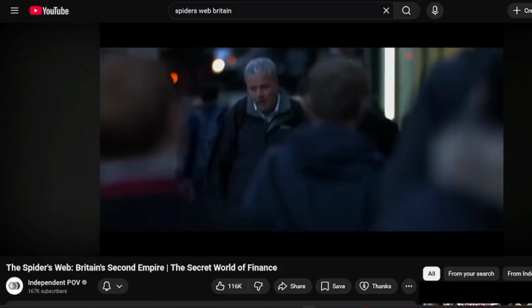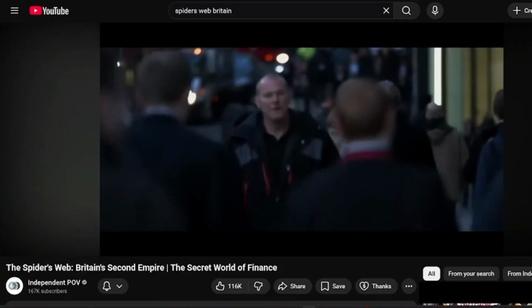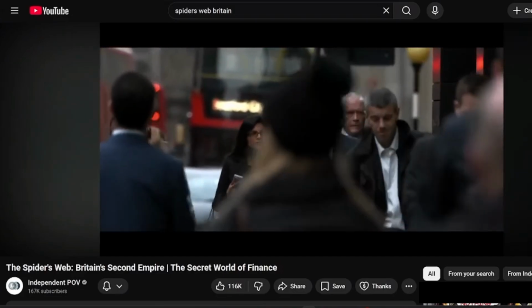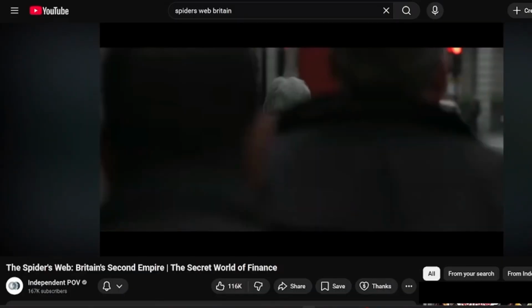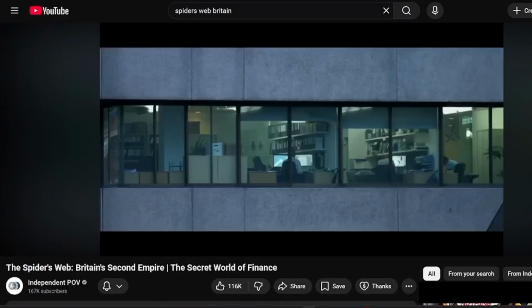Every secrecy jurisdiction offers a specific set of services, from trusts to shell companies to secret bank accounts and nominee directors. The combination of these services into complex structures, spanning multiple jurisdictions, enables the creation of secrecy structures that are almost impossible to penetrate.